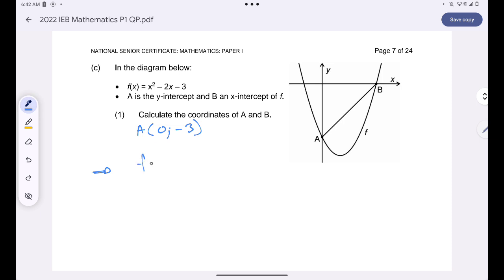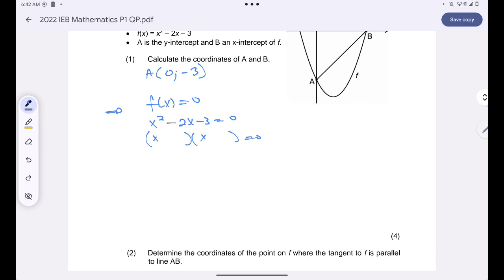For me to solve x, I know that f of x needs to be equal to 0, but f of x is equal to x squared minus 2x minus 3. That's equal to 0. I'm supposed to factorize here. I need the factors of 3, that when I subtract will give me 2. That's 3 and 1.